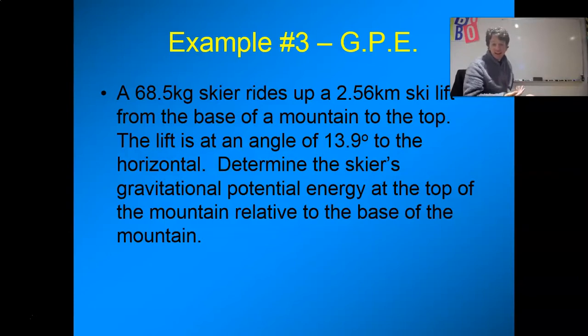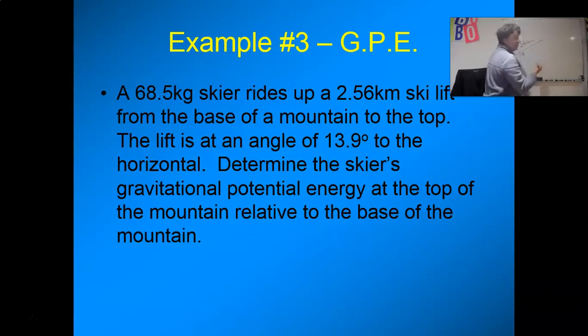The lift is at an angle of 13.9 degrees, and it's 2.56 kilometers long. We know the mass of the skier. Determine the skier's gravitational potential at the top of the mountain relative to the base.